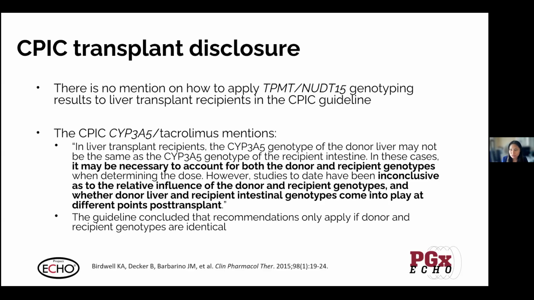However, the evidence around it is inconclusive, and how much the recipient versus the liver contributes to that final serum concentration is unknown as well, as is at what time point post-transplant one is more superior than the other. The guideline did conclude that the recommendation is applicable if donor and recipient were found to be identical.